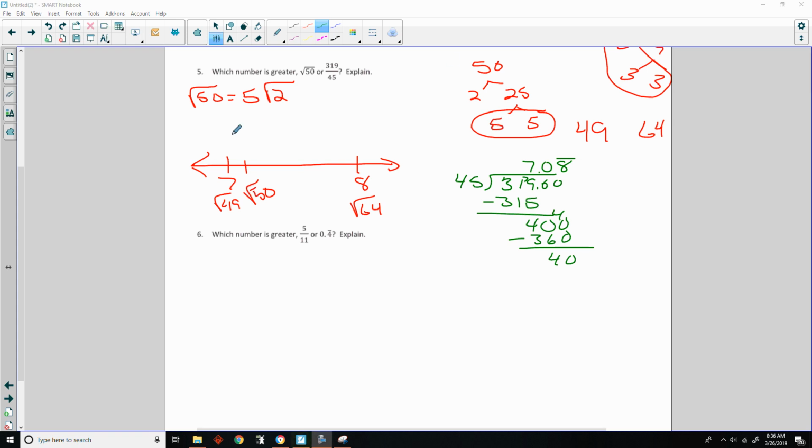Okay, so now I want to see if it's less than 7.1 or more than 7.1, so I'm going to square 7.1, which is the same as 7.1 times 7.1.